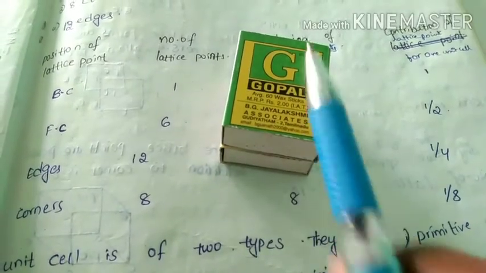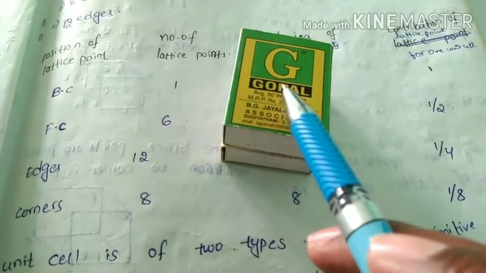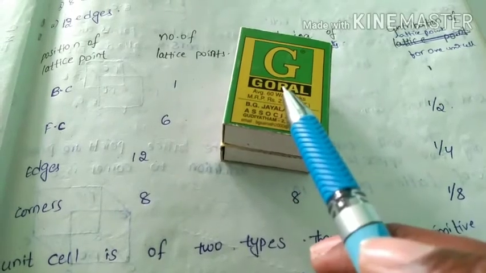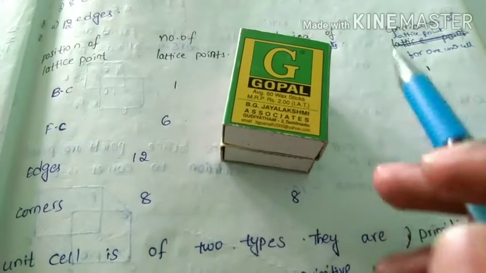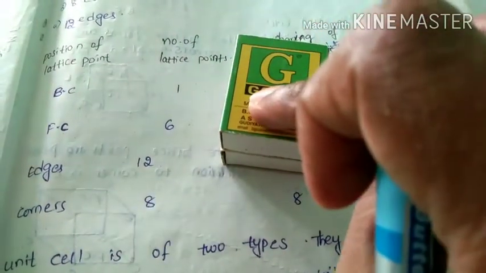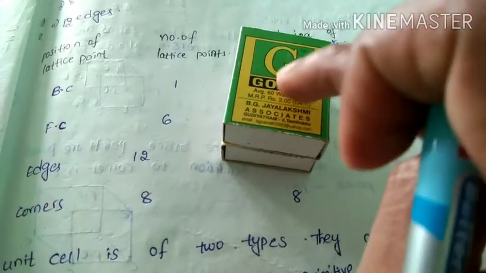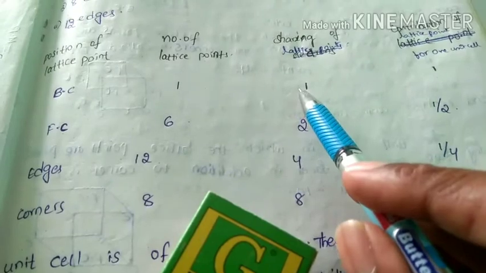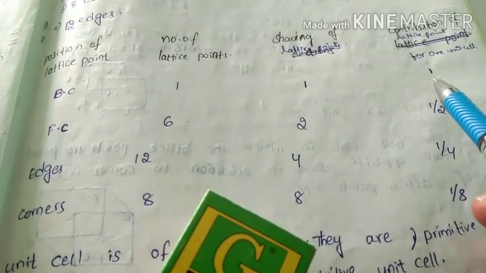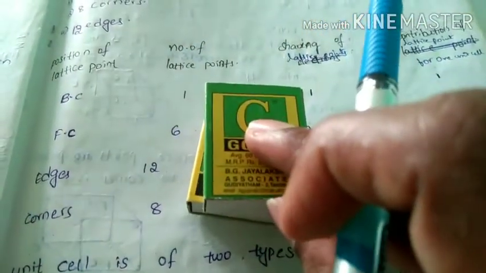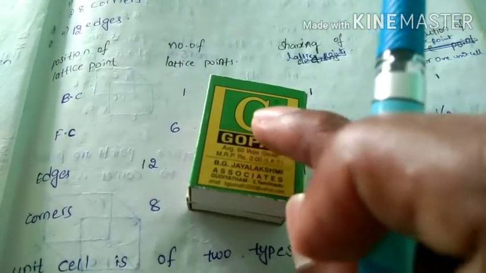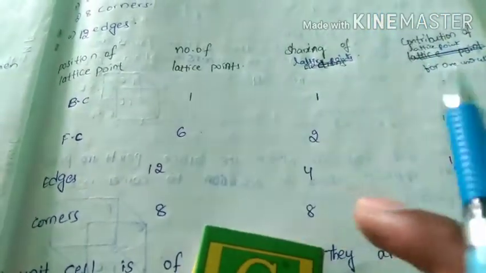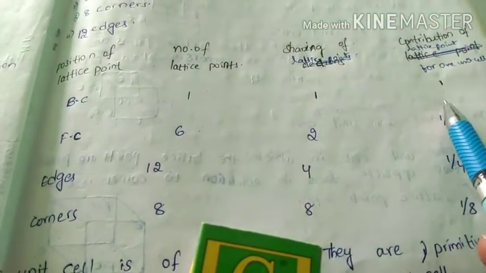The particle which is present at the body center of one unit cell cannot be shared with another unit cell, because it is present in the body center. So that unit cell only has that particle, so its sharing is only 1 and its contribution is also 1. That body center lattice point cannot be shared with another unit cell, so its sharing is 1 and its contribution is also 1.